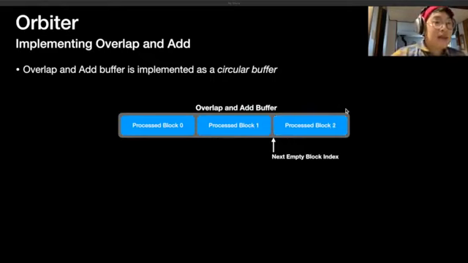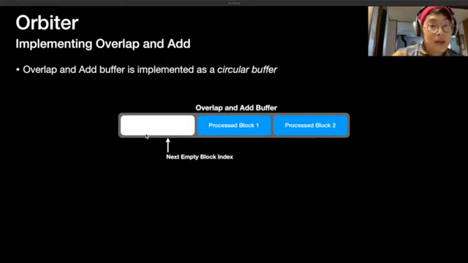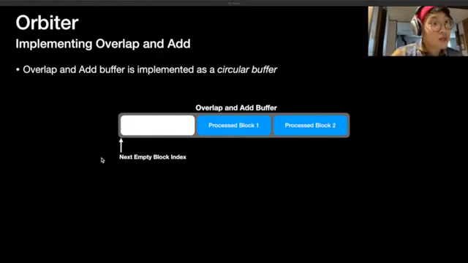And then the oldest process block gets erased. Hopefully the contents of that block is added to an output buffer somewhere or is used in some manner. Then when it comes time to increment the empty block index, that just wraps around to the beginning of the overlap and add buffer. So that's overlap and add.